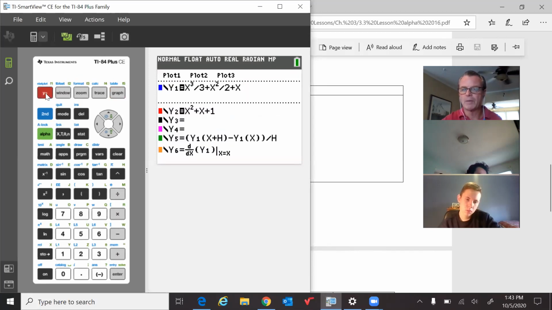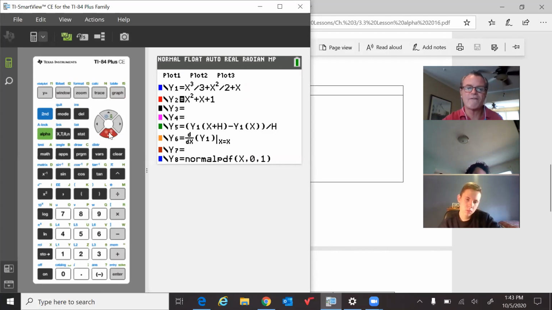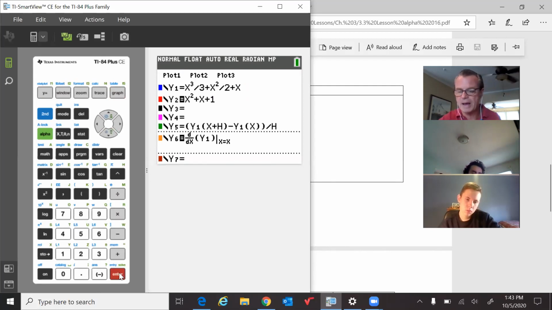Now I go back here. Now remember this, this is from last week. If I turn this off, I can check my answer by turning on Y5 or Y6. Y6 is a little safer now because we don't have to worry about what value is stored in H. Here's my answer. I think that that is the derivative of Y1. The technology is going to differentiate Y1 for me. I'm going to see if they match.